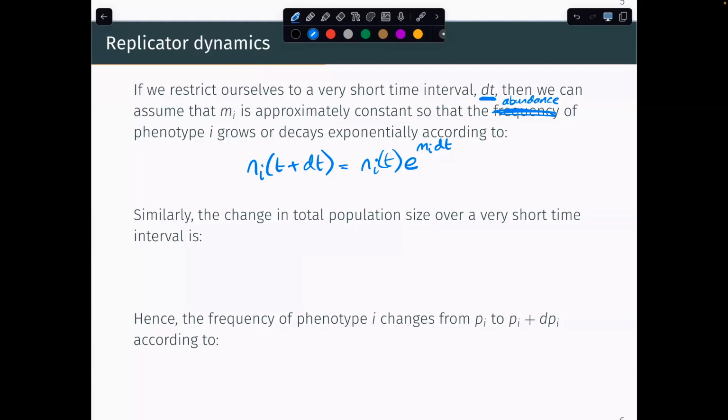Similarly, we can do the same for the total population size. The total population size, capital N, at the end of this window, t plus dt, is going to equal the total population size at the start, N of t, times by what? Any ideas?